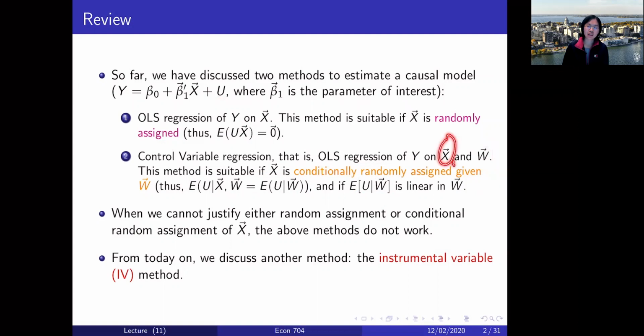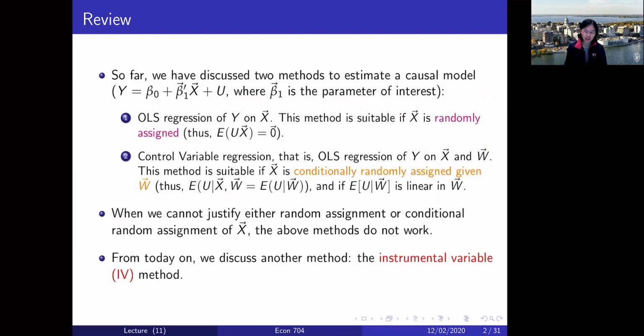And in that story, you make it credible that X is generated by W and some completely random idiosyncratic noise that is not correlated with the unobservable factors in the U equation. Okay, so these are the two approaches we talked about.